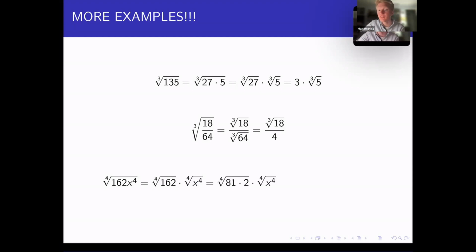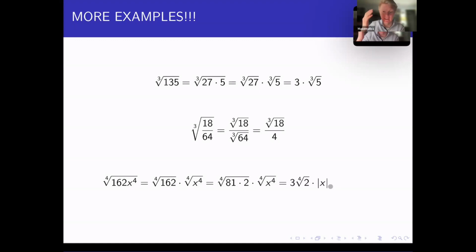We know the fourth root of 81. What number times itself 3 times for a total of 4 times is 81? Well, 3 times 3 times 3 times 3 is 81. So we have 3 times the fourth root of 2. Nothing we can do with the fourth root of 2. And then fourth root of x to the fourth is absolute value of x.